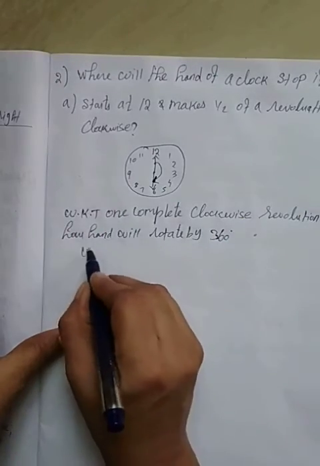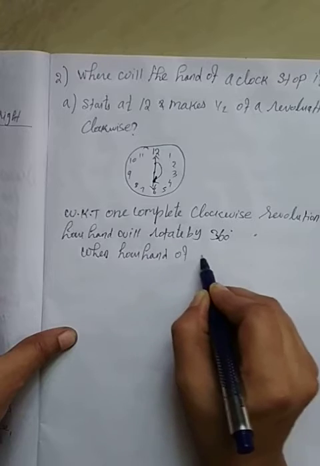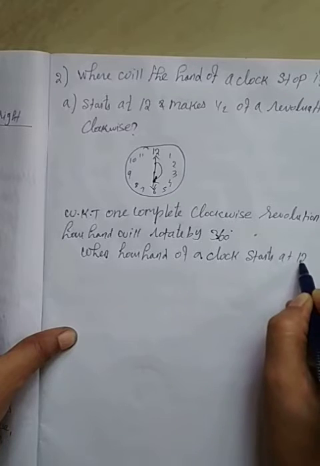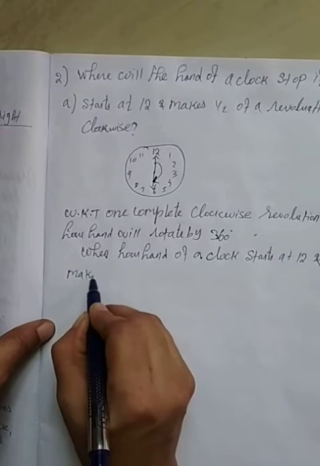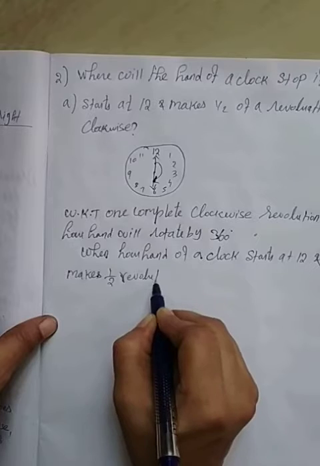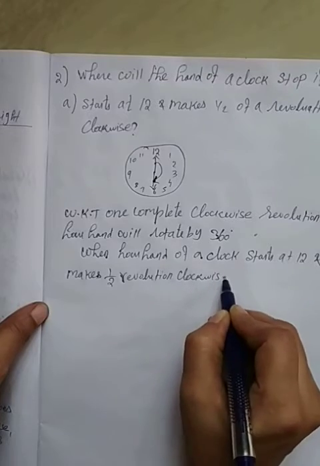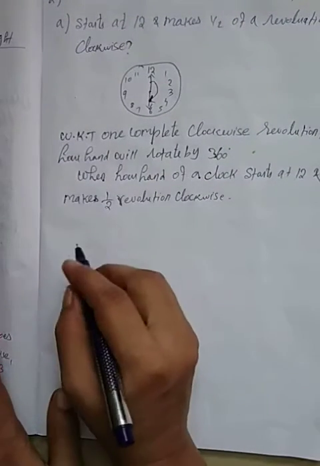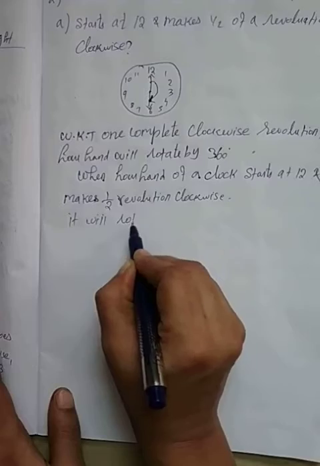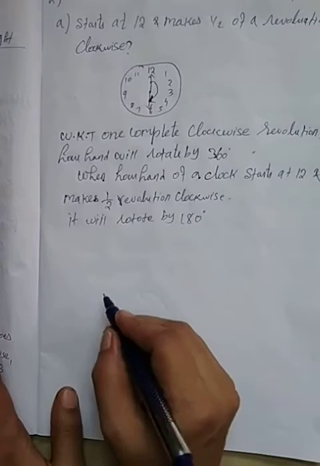You have to write: when the hand of a clock starts at 12 and makes 1 by 2 revolution clockwise, it will rotate by 1 by 2 revolution, which means the degree is 180 degrees.